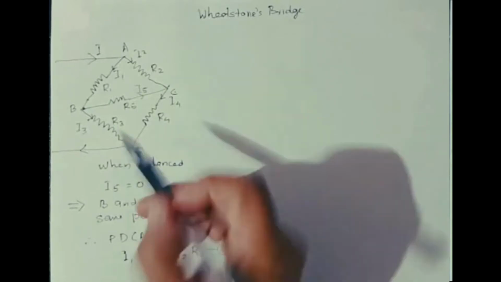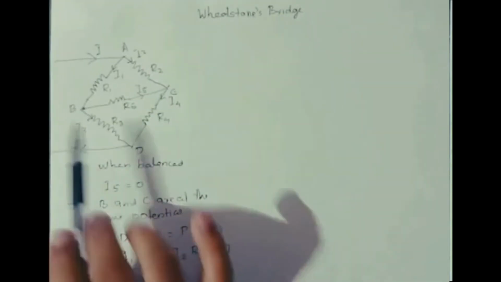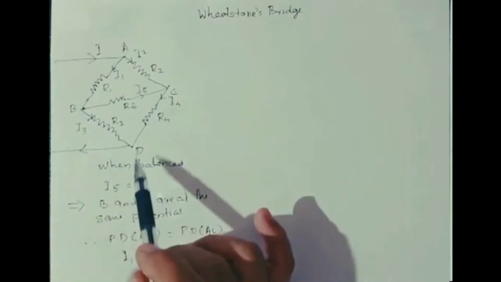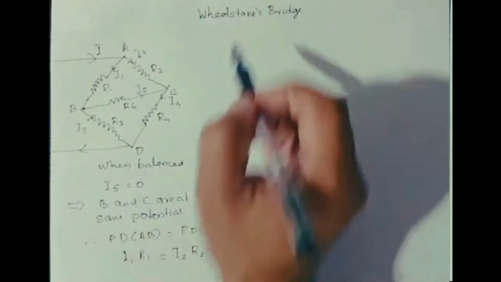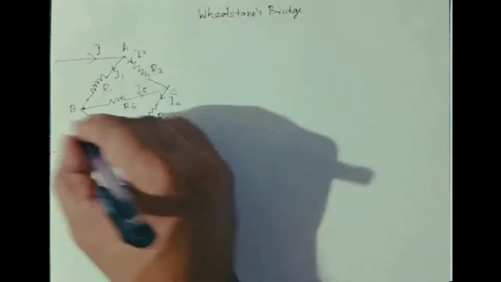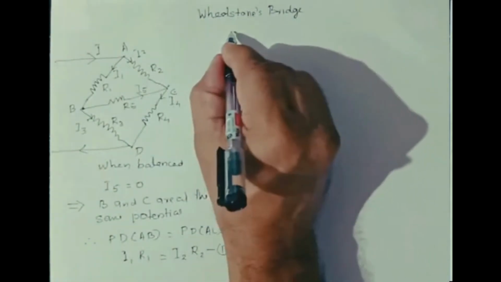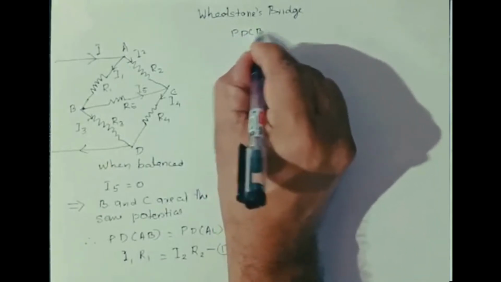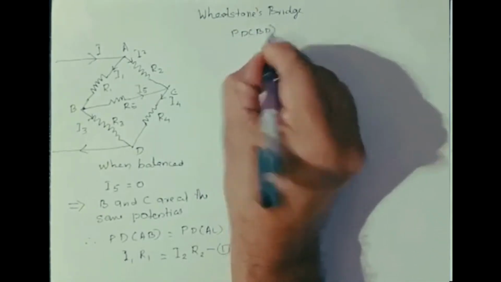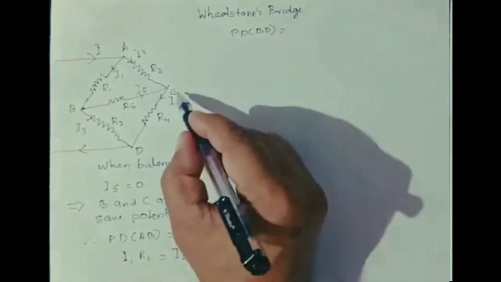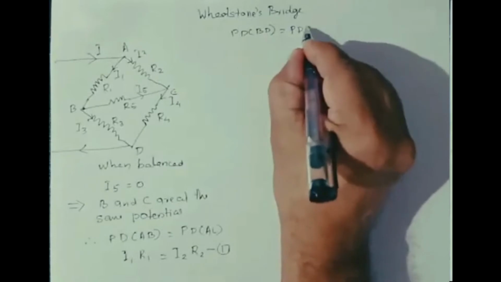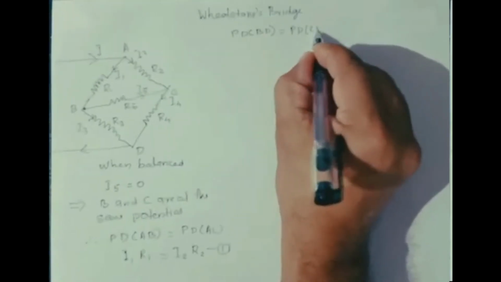The same way, the potential drop across R3 must be the same as potential drop across R4. So you can write potential drop across BD is equal to potential drop across CD.